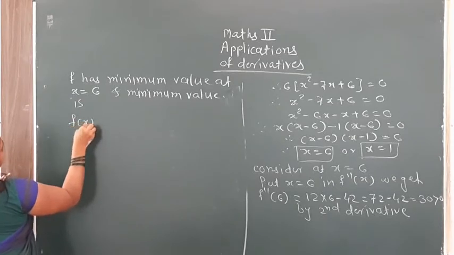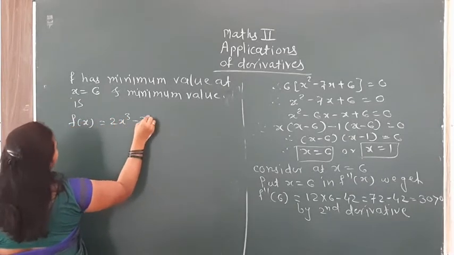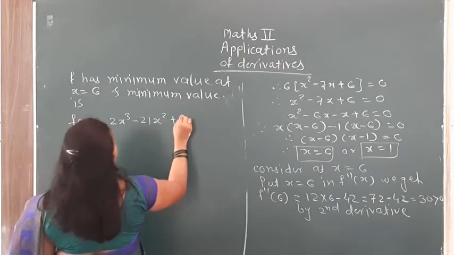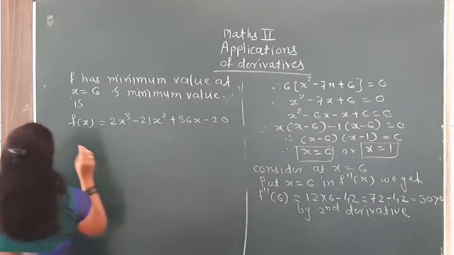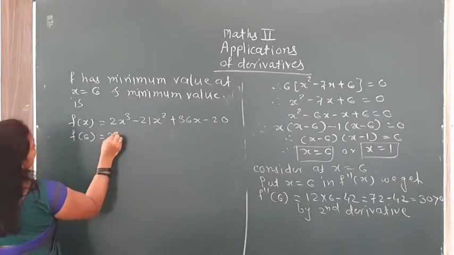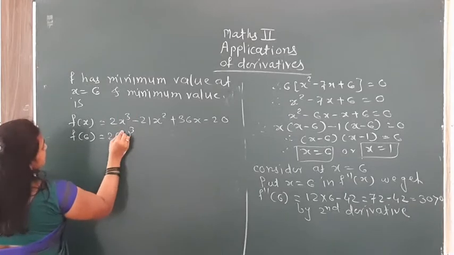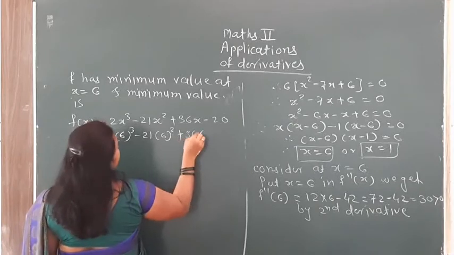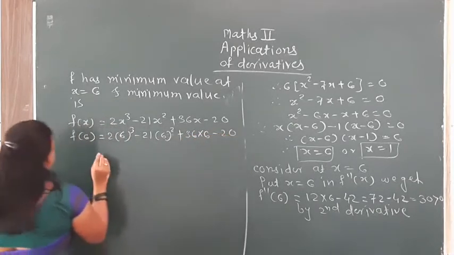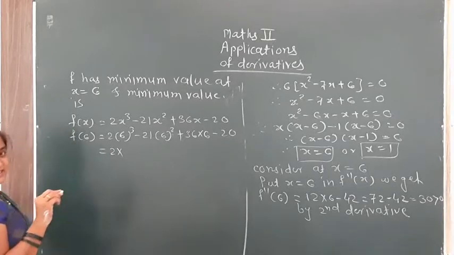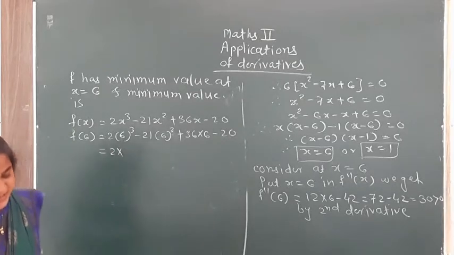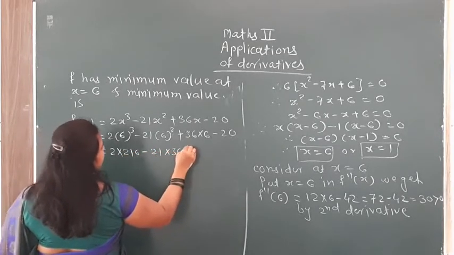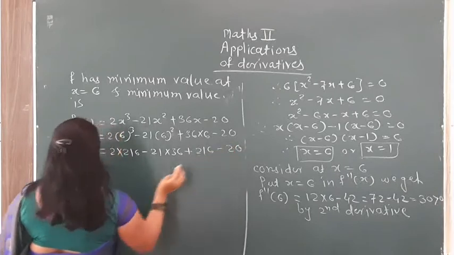What is f of x? f of x is equal to 2x cube minus 21x square plus 36x minus 20. So f of 6 we substitute here: 2 times 6 cube minus 21 times 6 square plus 36 multiplied by 6 minus 20. So we get 2 multiplied by 216, since 6 cubed is 216, minus 21 multiplied by 36 plus 216 minus 20.